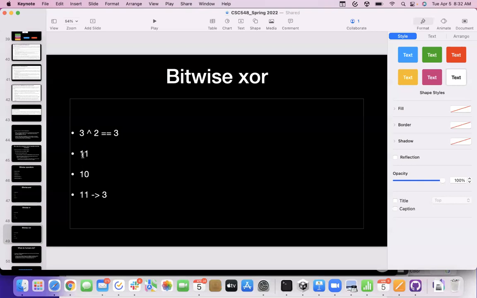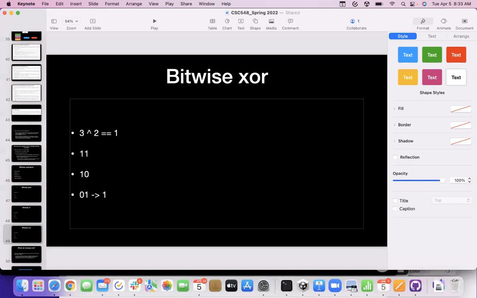So that means 1 exclusive OR 1 is a 0. They're both a 1, but for XOR to work, only one of them is allowed to be a 1. And then 1 exclusive OR 0 is a 1. So this gives us a 1.